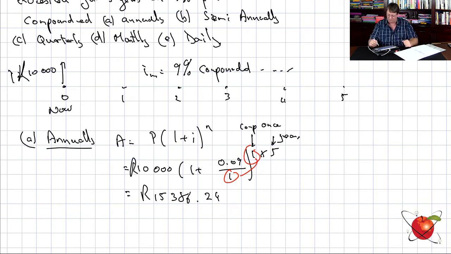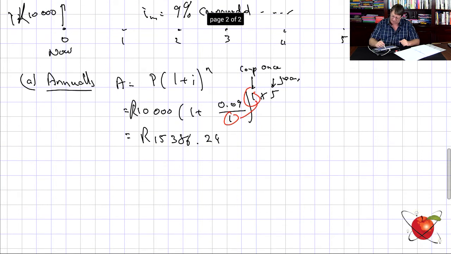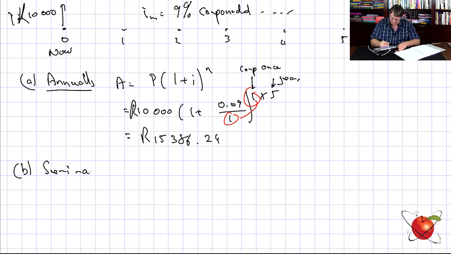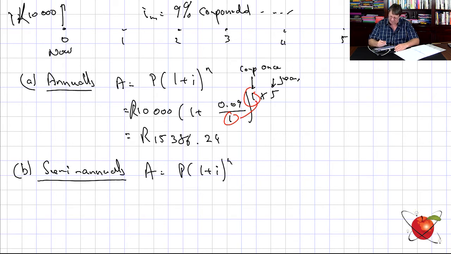Okay, that's straightforward, isn't it? But now we're going to change it up, and we're going to do B, semi-annually. What do I do? A is equal to P(1 + i)^n. So P I know is going to be my 10,000. 1 plus 0.09 divided by how many times am I compounding?